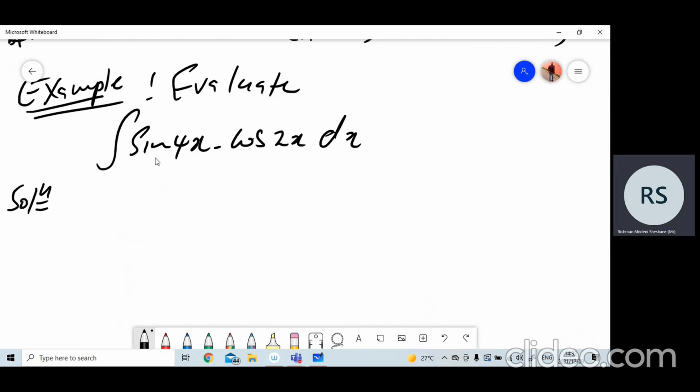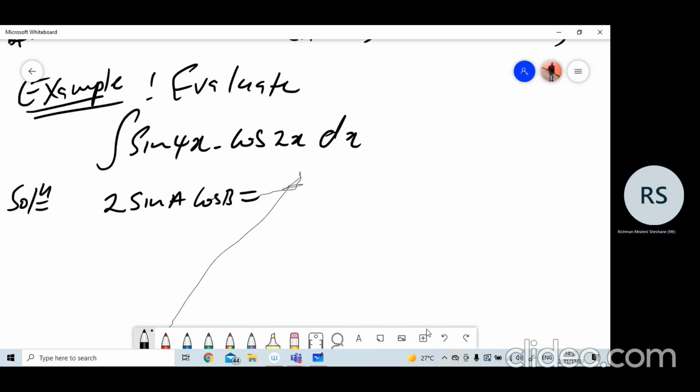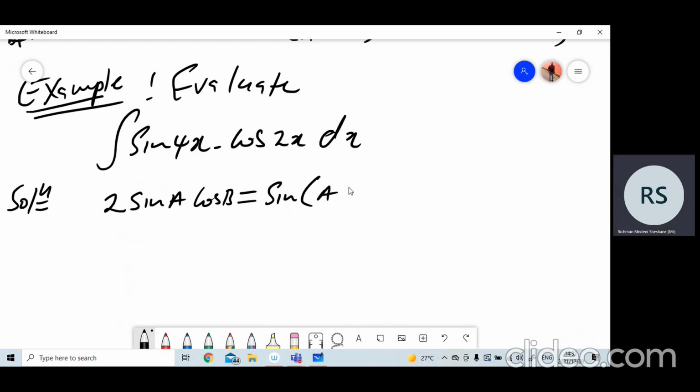As the solution, I see the formula that has a product of sine times cos is this formula: 2 sine of A cos of B is equal to sine of A plus B plus sine of A minus B.